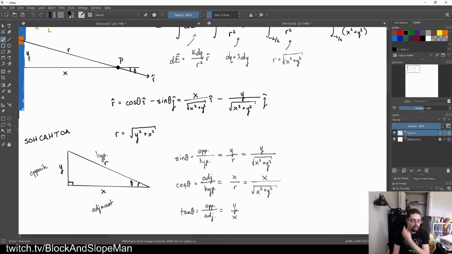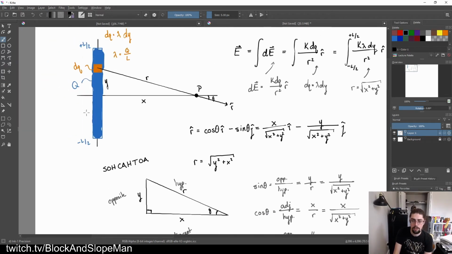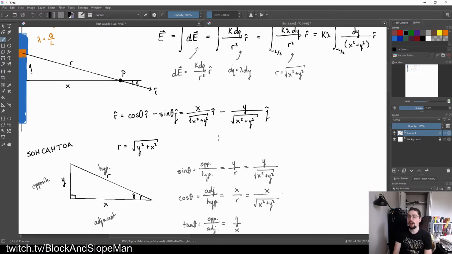There needs to be a minus sign in here somewhere. That's really the root of this. There needs to be a minus sign in here somewhere to take into account that from a positive y, we get a negative y component for the electric field. So we've redefined r hat in terms of y and other constants that we know how to deal with.